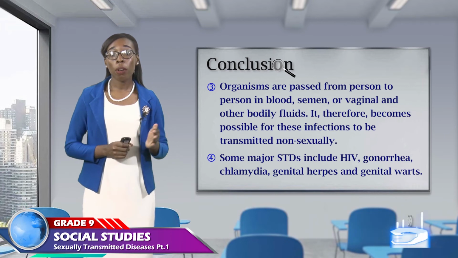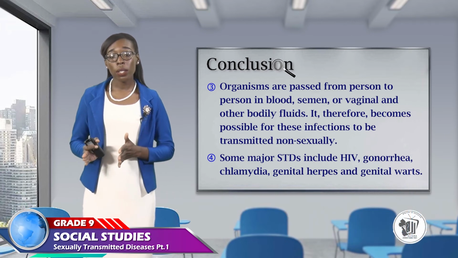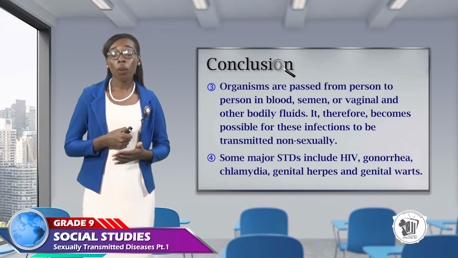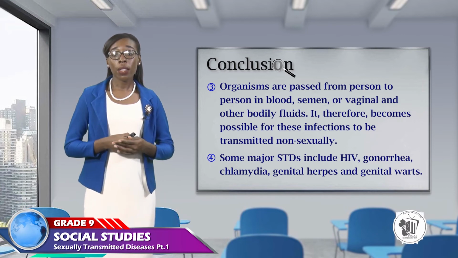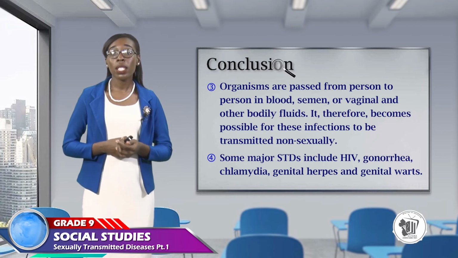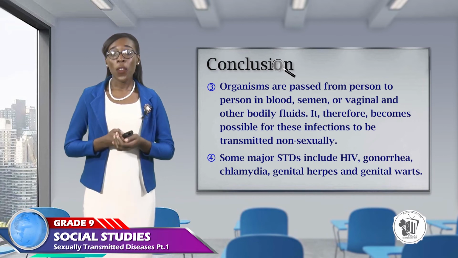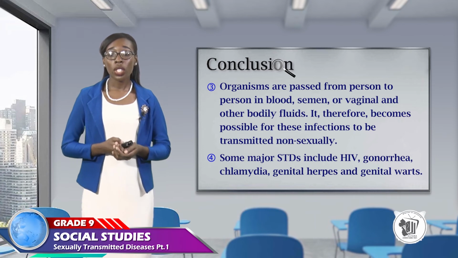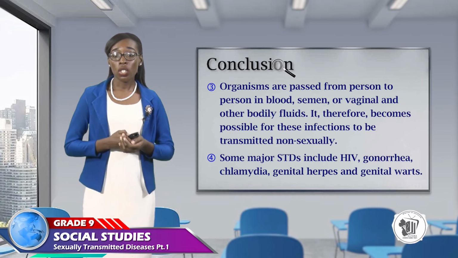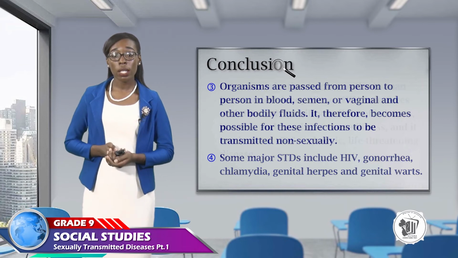Organisms are passed from one person to the other in blood, semen, or vaginal and other bodily fluids. It therefore becomes possible for these infections to be transmitted non-sexually. 4. Some major STDs include HIV, gonorrhea, genital herpes, and genital warts.